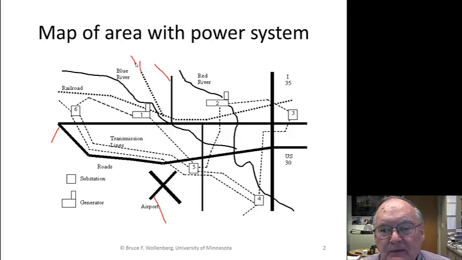This is a railroad. Let's put RR here. The dots are railroad tracks going around. Here is a river, and here's a river. The Red River and the Blue River come together in the town, and then they come back out to the lower right corner here.